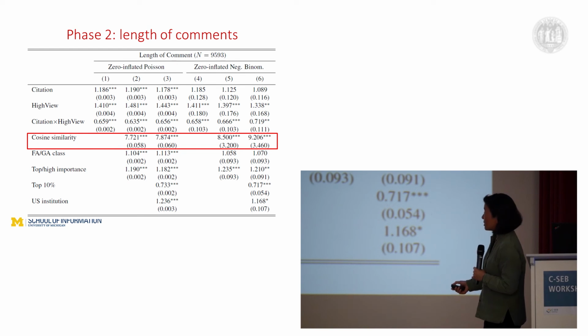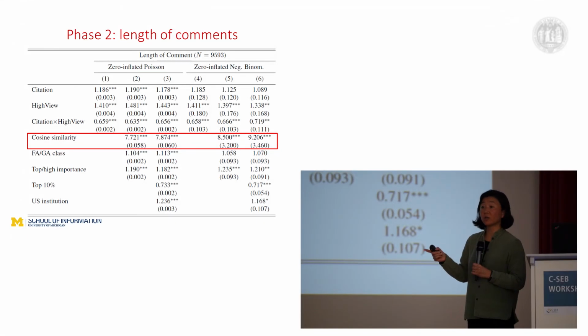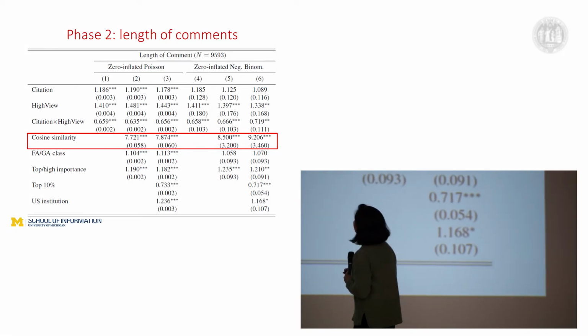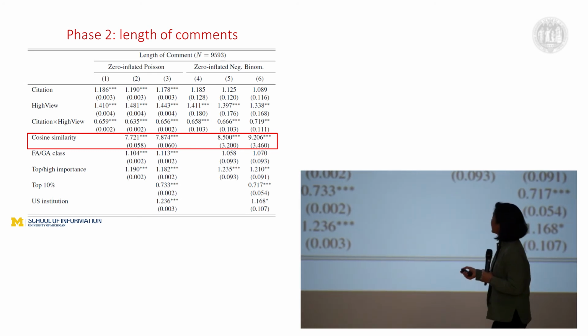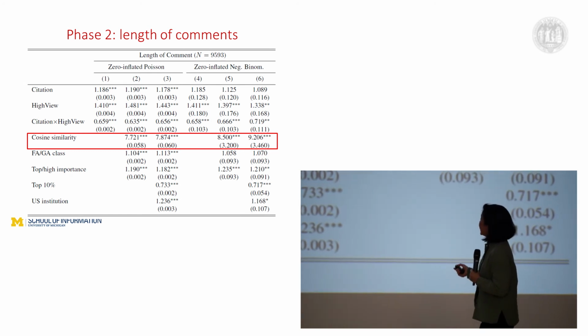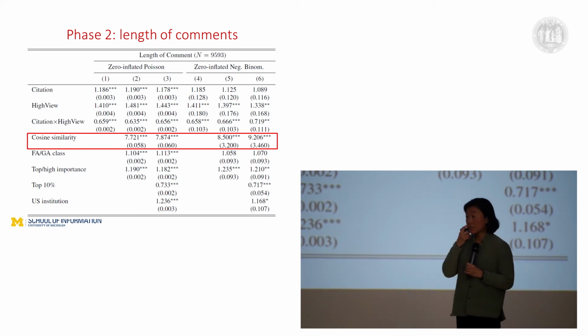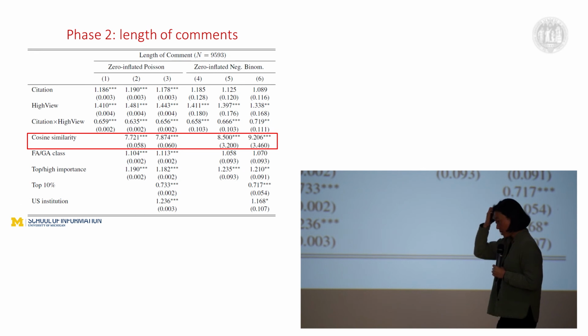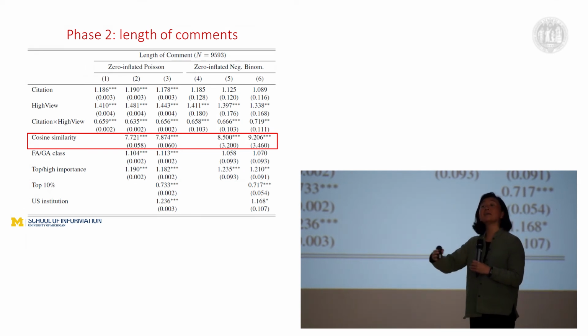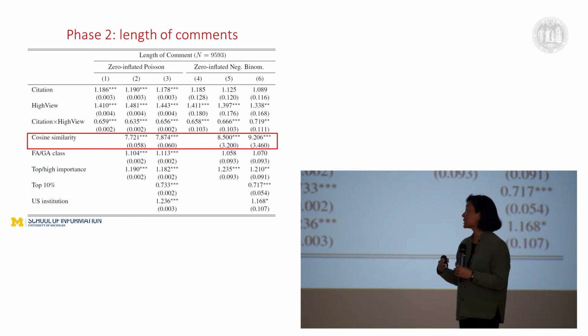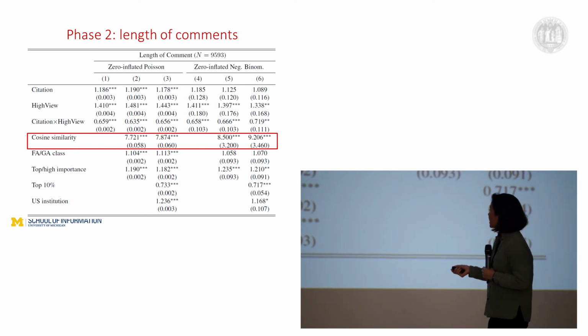We did. So this FAGA class is featured article, good article class. That's the two highest categories. And what you see here in the zero inflated Poisson, it increases contributions. But this effect disappears if we go to the much more conservative measure of basically adding up the experts' comments. The importance is also significant.